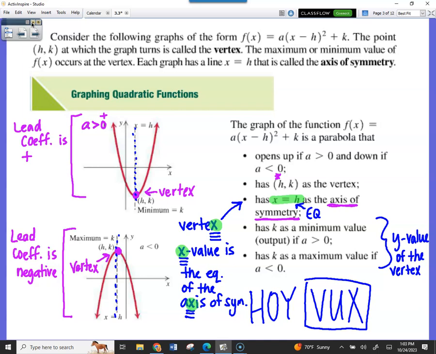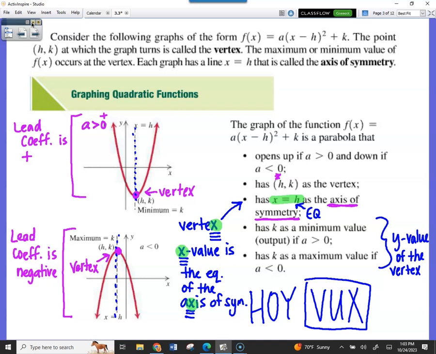See the dotted line going down the middle? The blue dotted line on mine? Both of them? That dotted line is called the axis of symmetry, meaning it's where you could take the quadratic and fold it, hot dog style, and the graph would match. The axis of symmetry, looking at the picture, always passes through what? The vertex, because the vertex is in the middle, right?